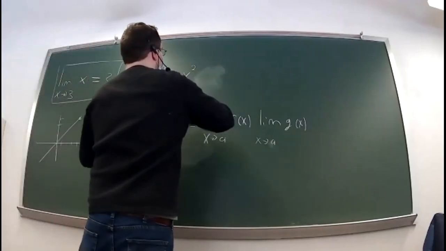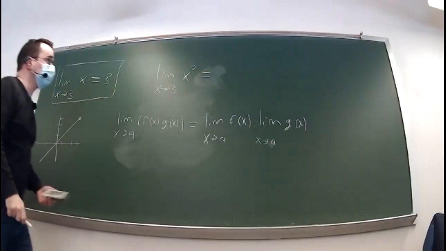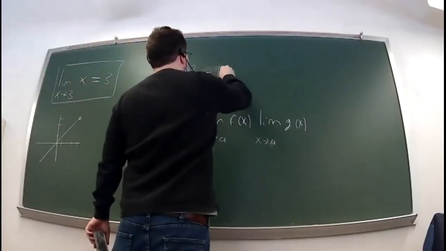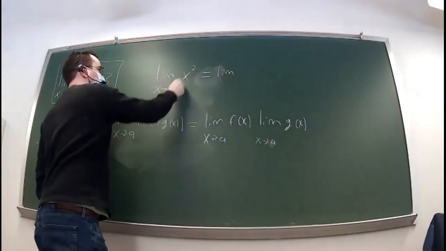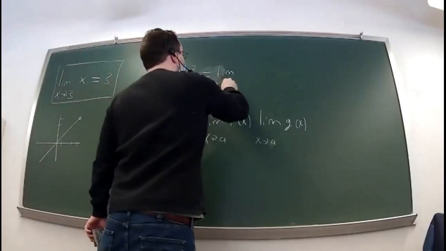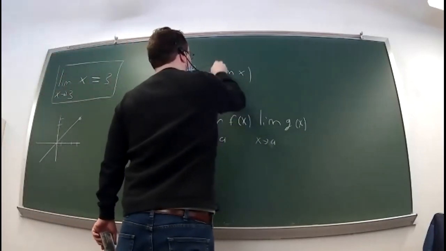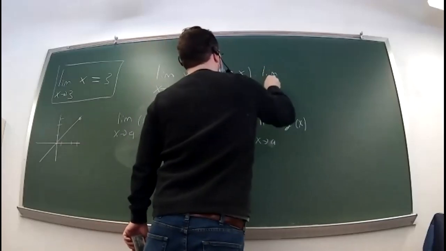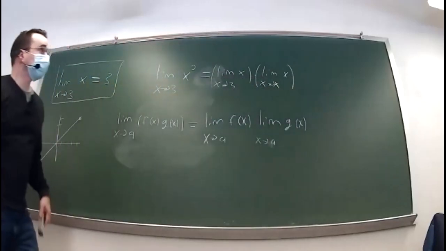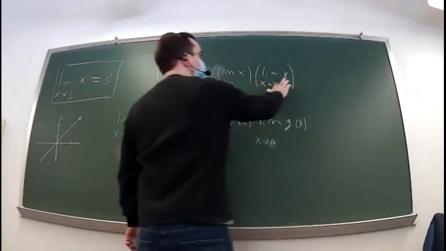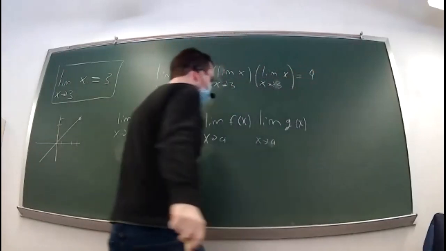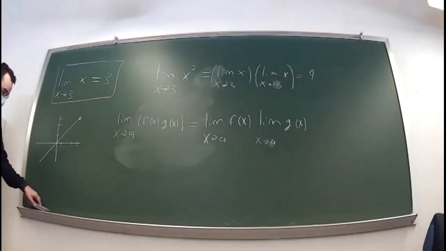Then if someone says calculate the limit of x squared as x goes to 3 using the limit laws, you can say, okay, well, taking f of x equals x, taking g of x equals x, that's definitely going to be the limit of x as x goes to 3 times the limit as x goes to 3 of x, which is going to be 3 times 3, which is 9.